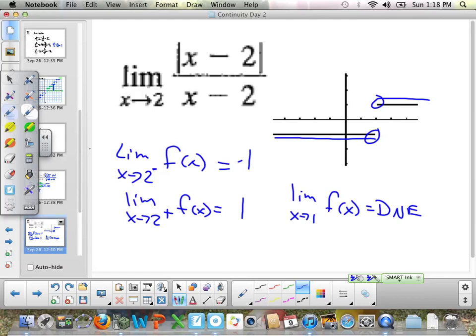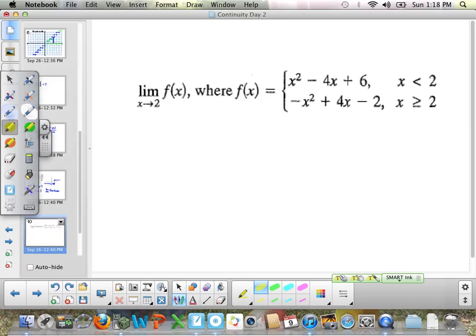So now when you evaluate limits, you want to start looking at left and right hand behavior. And this is the symbolism for left and right hand behavior. Here's a step function, or a piecewise function, meaning it's coming in 2 pieces. So we want to evaluate the limit of f of x as x approaches 2.